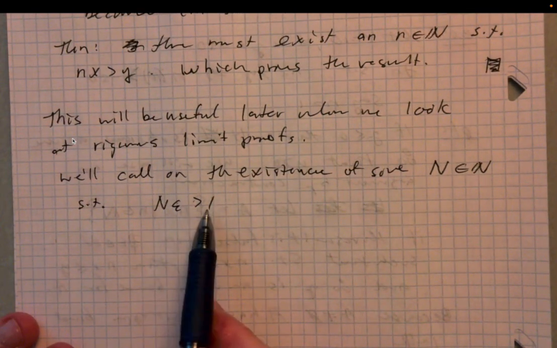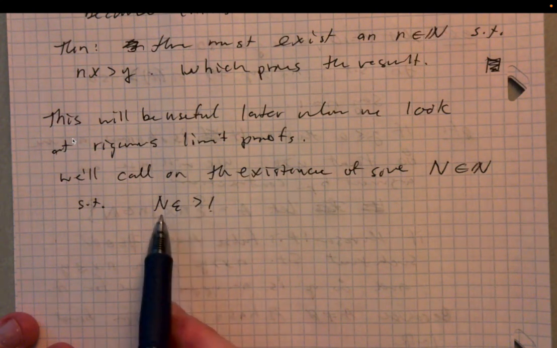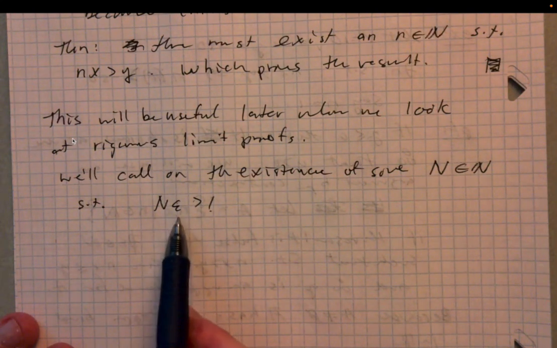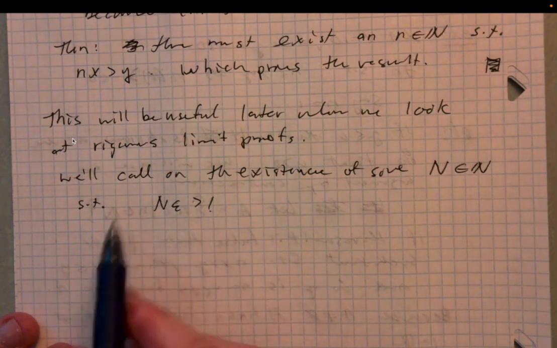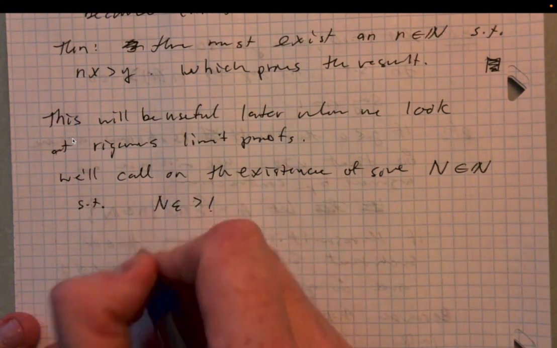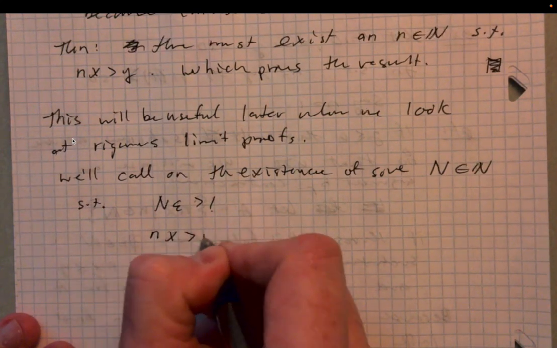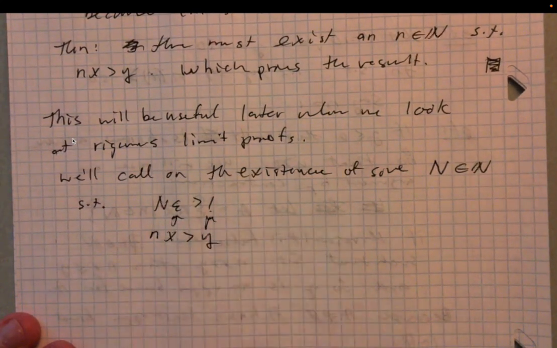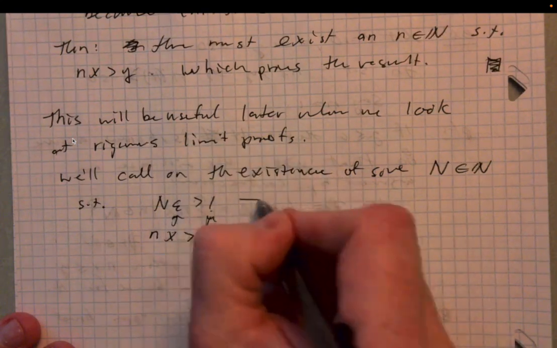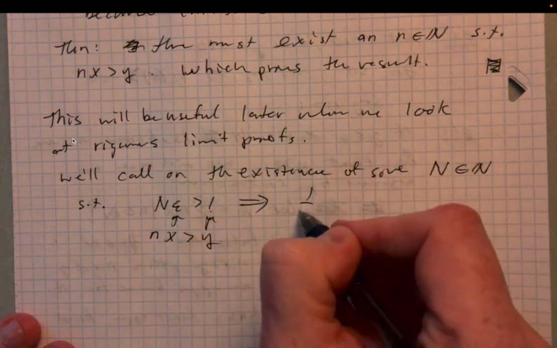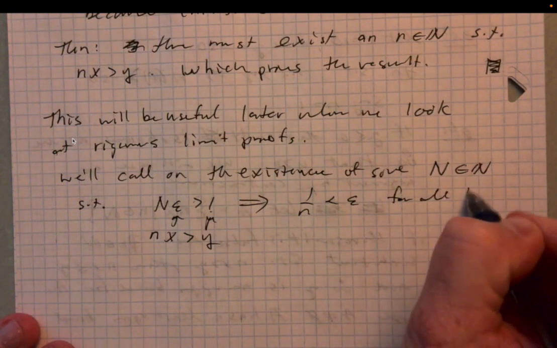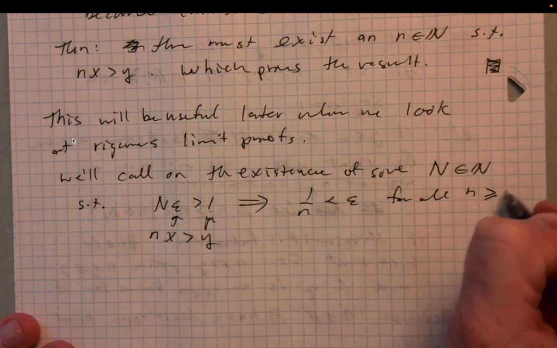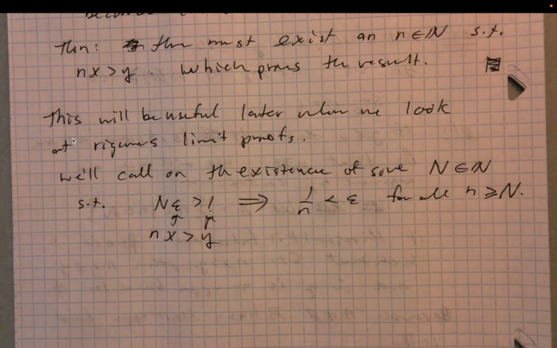Epsilon is a real number, 1 is a real number, n times epsilon is greater than 1. So epsilon will be some positive value, so this will fit the nx greater than y. And we'll use this to do clever things like 1 over n is less than epsilon for all n greater than or equal to capital N. And so we'll see this kind of thing later.